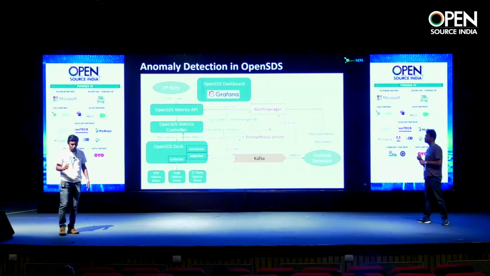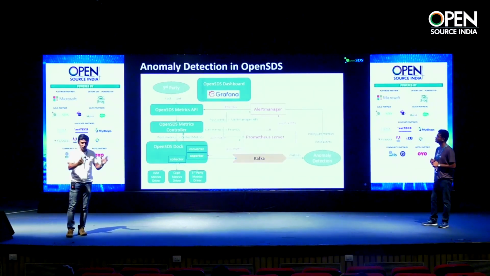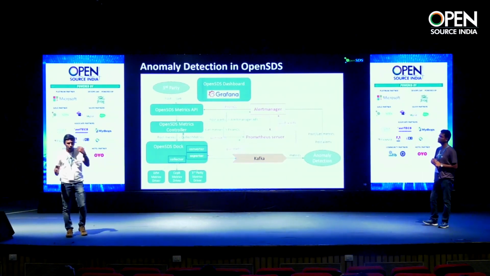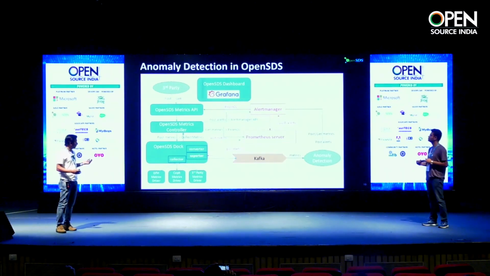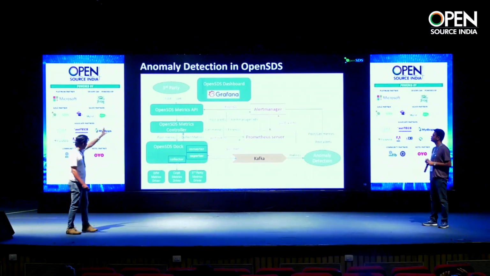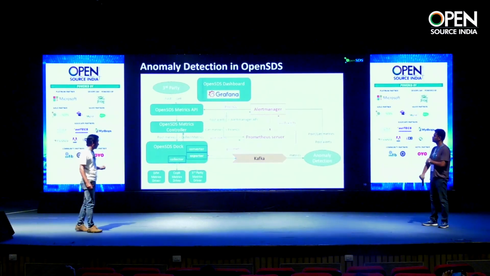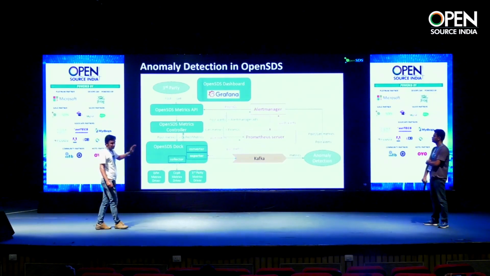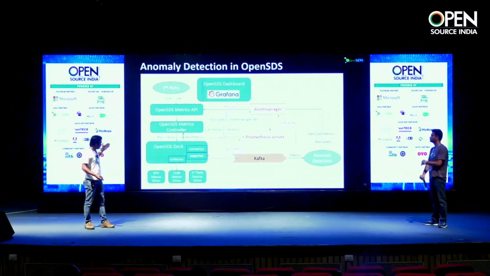Right, so that is one use case of OpenSDS telemetry. Another use case is anomaly detection. As he said, we have collected the data. Now we have to make some meaning out of the data, right? So what we have in OpenSDS is anomaly detection. We talked about the telemetry controller and how OpenSDS collects the data. Now a message broker, Kafka, comes in, where the collected metrics are also pushed.